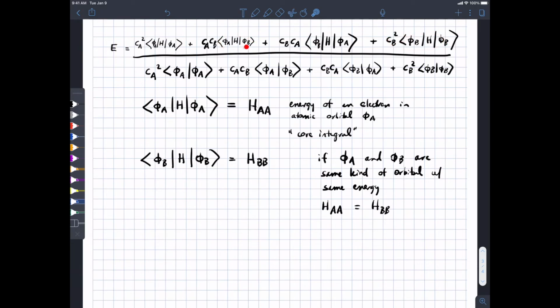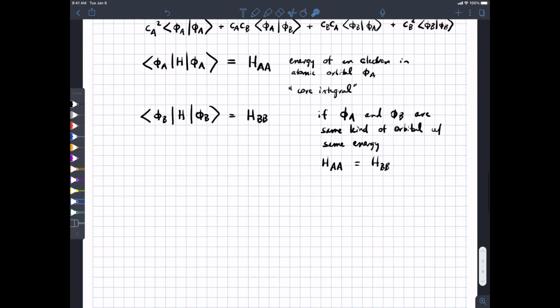The more interesting terms are what are called resonance integrals. And this is where you apply the Hamiltonian by phi B, but then multiply it by phi A. So let's figure out an abbreviation for that. Checking the time. There's a glare on the clock. We got about 10 minutes left.